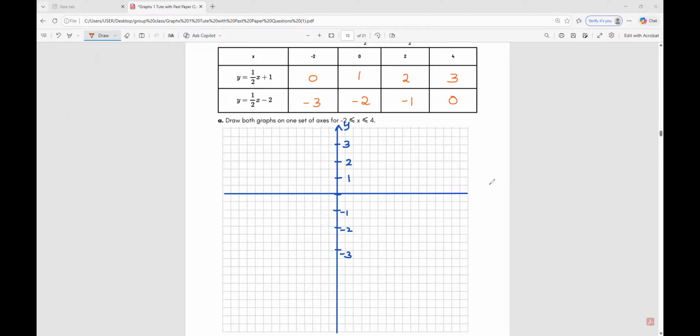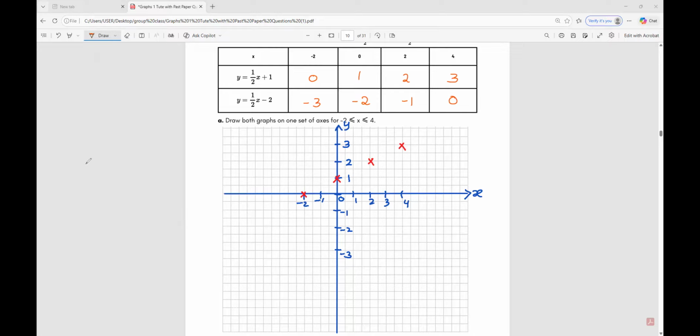If you can draw it even bigger, that's good. 1 to 4: 1, 2, 3, 4, minus 1, minus 2. Then we'll mark the points. Minus 2, 0; 0, 1; 2, 2; 4, 3.